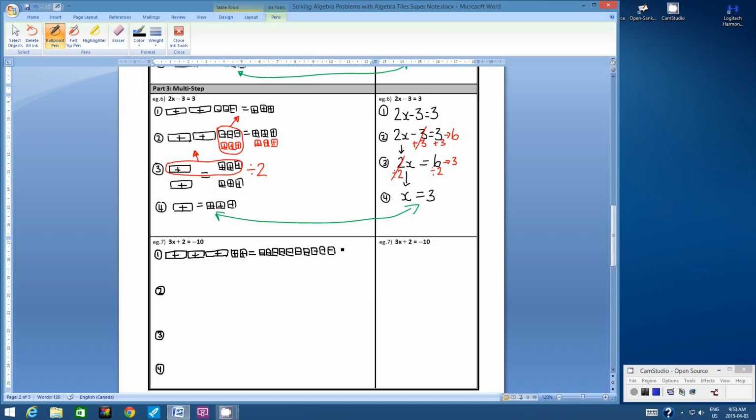All right, step 1, we draw the question. We represent the question. Now there are a lot of tiles to draw on this question. Oh well. So to begin step 2, we copy the question so that we can work on it.